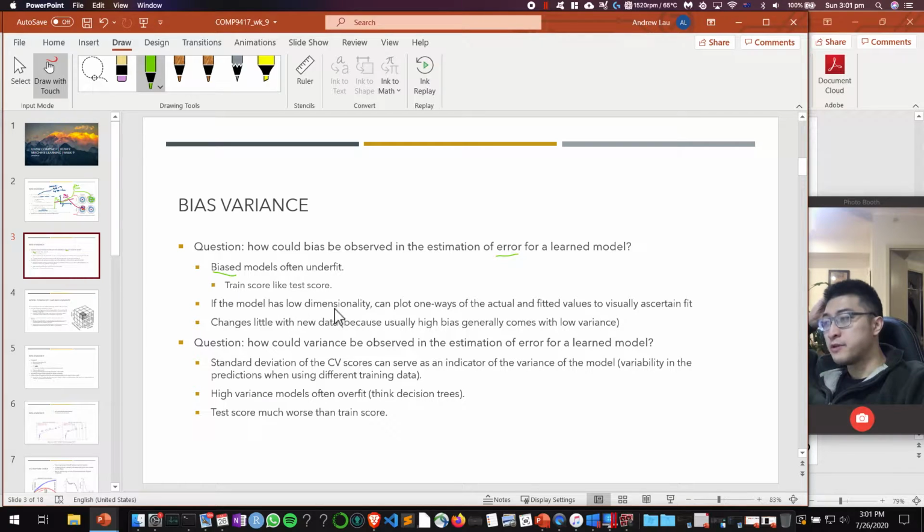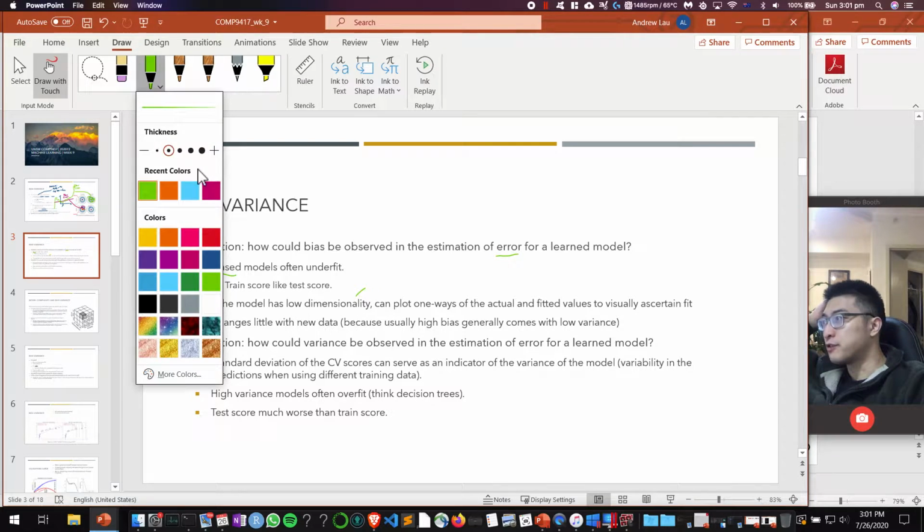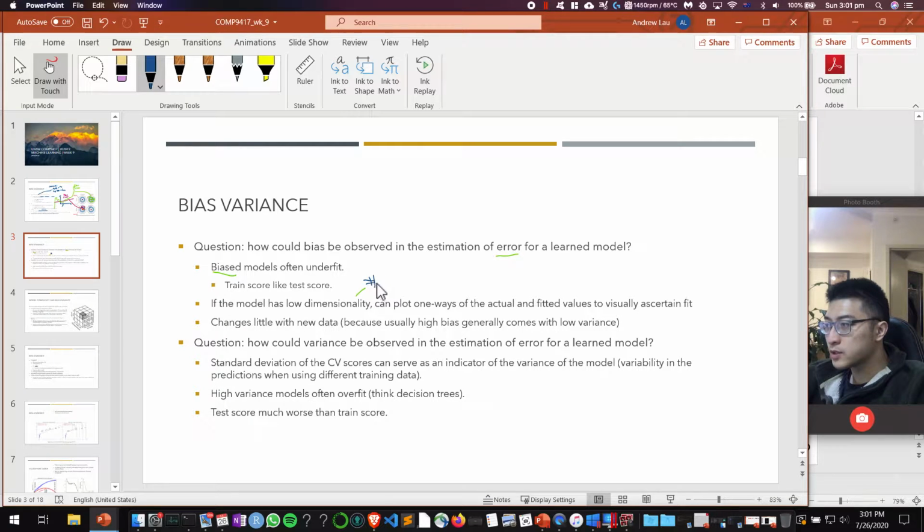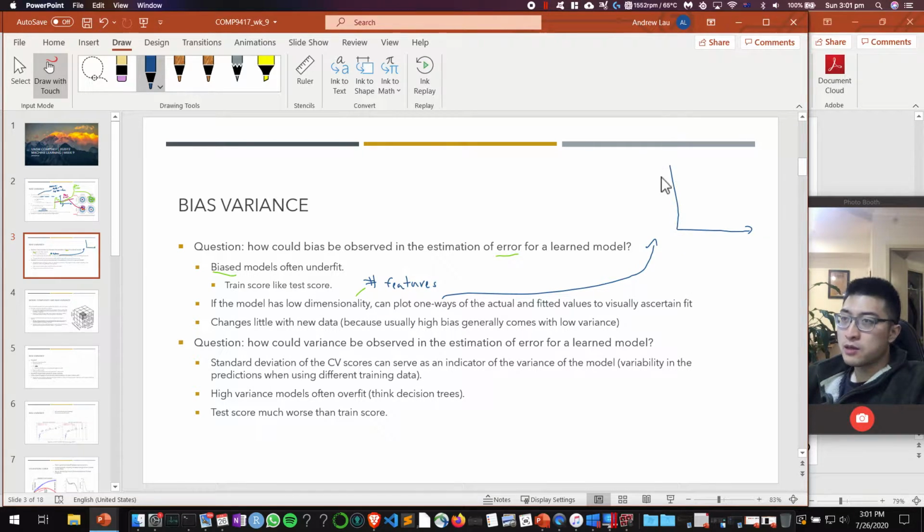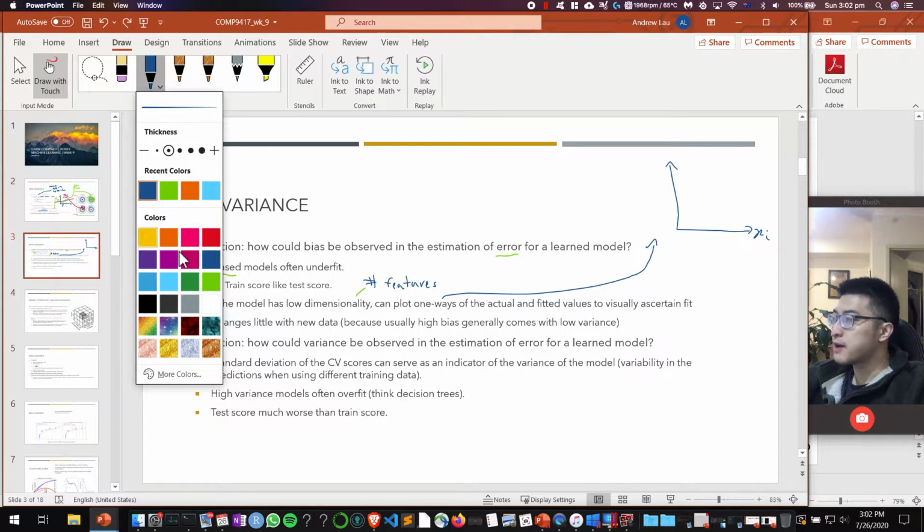There are other ways to look at it as well. If the model is low dimensionality, in terms of the number of features, you can always plot the one-way actual fit to see if the fit works well. When I say one way, what I really mean is you plot some feature, I call it xi, against the target, and you might have something like this.